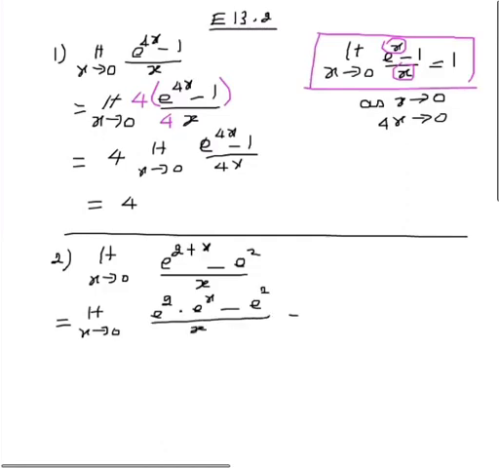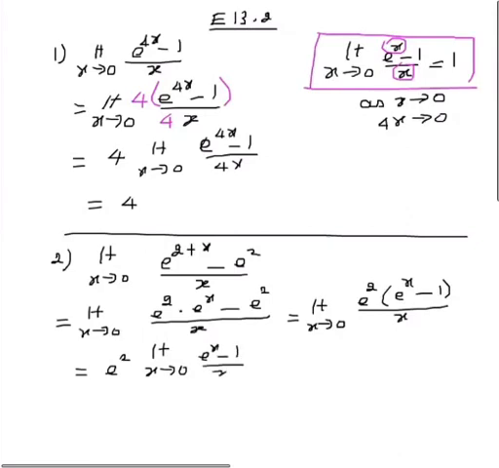E square is a constant. We can take it out, remove it outside the limit also. E square times limit x tending to 0 of e power x minus 1 divided by x, and by that limit formula it becomes 1. E square into 1 is e square.